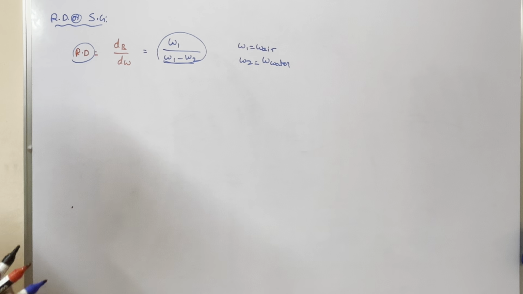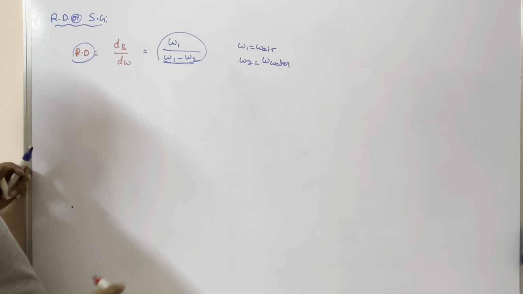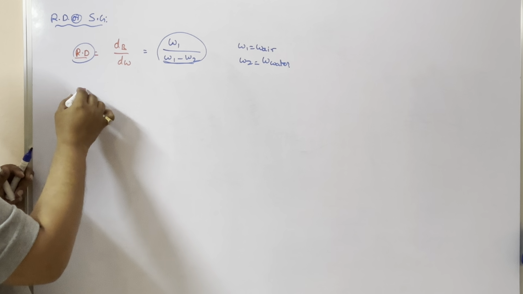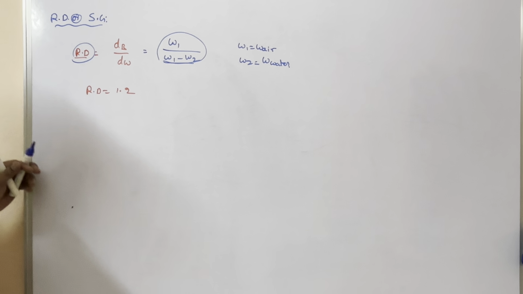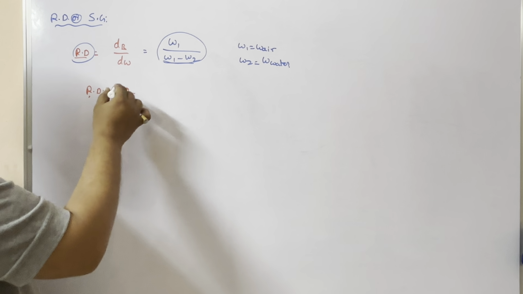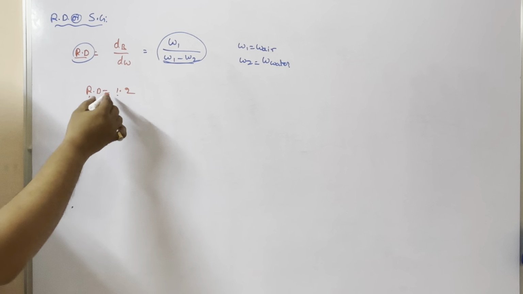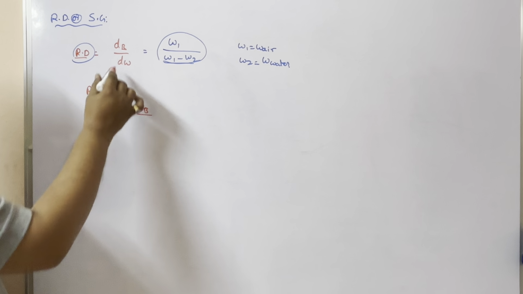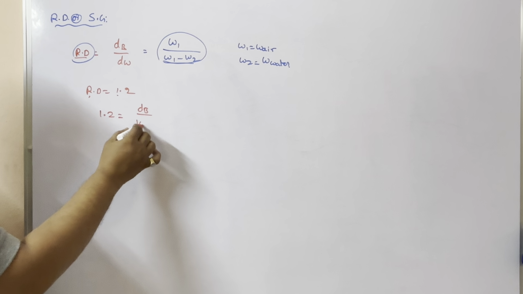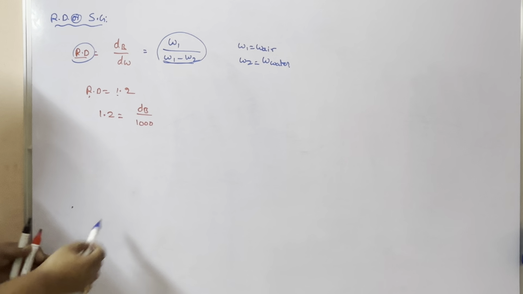So how is it going to be helpful for us in solving problems? They will give the relative density of the object as 1.2. Now, what is the density of the body? The relative density of that body is 1.2, so 1.2 is equal to the density of the body divided by the density of water at 4 degrees Celsius, which is 1000 kg per meter cube.